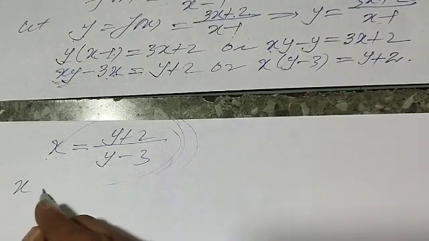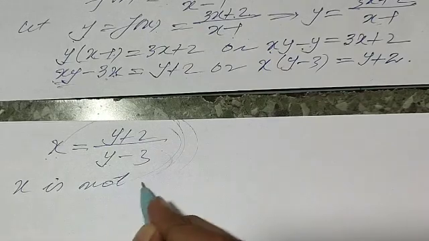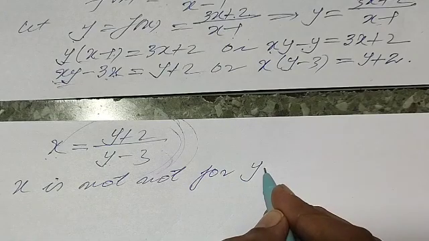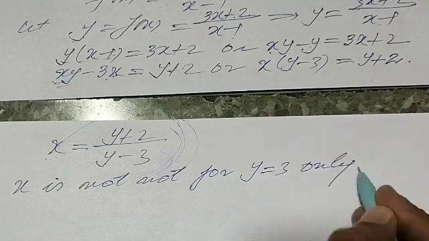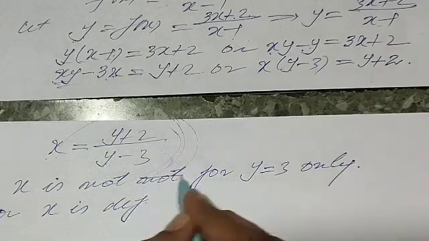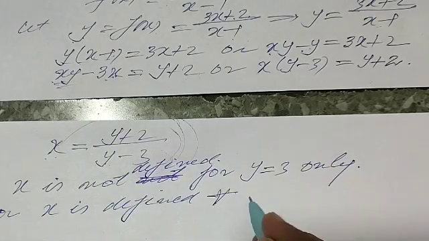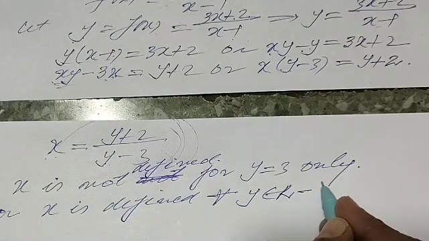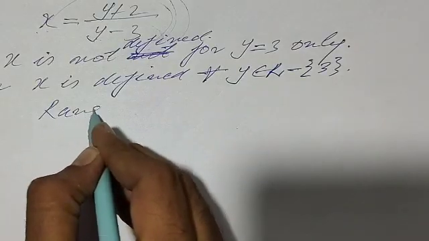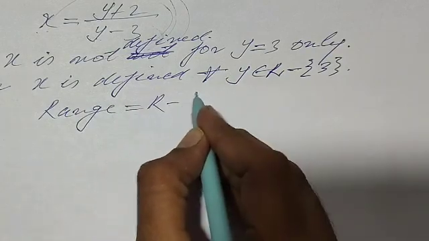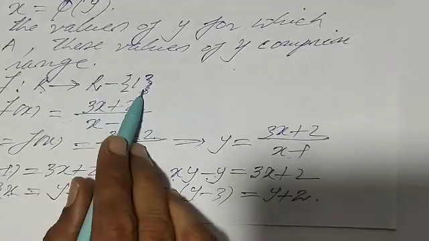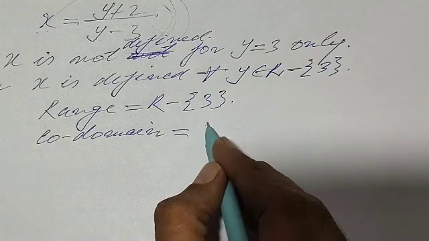So clearly x is not defined for y is equal to 3 only, or we may say that x is defined for all y belongs to R except 3, so R minus curly bracket 3. So here the range is R minus curly bracket 3, but the codomain is R minus curly bracket 1.